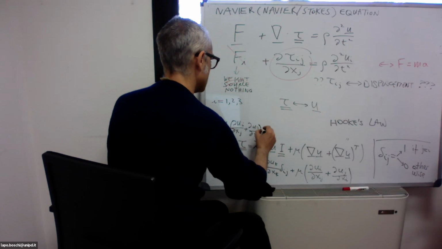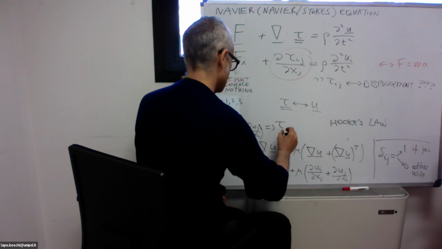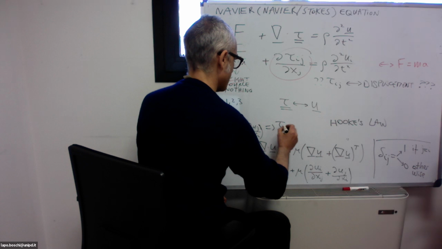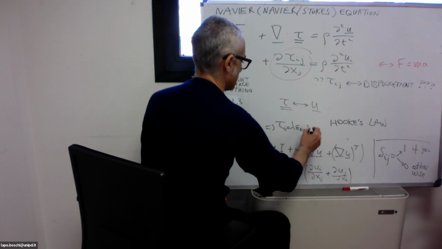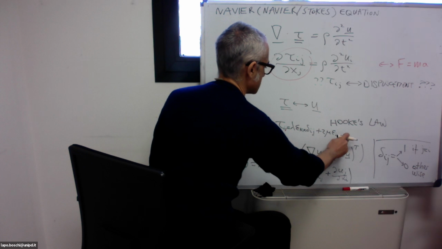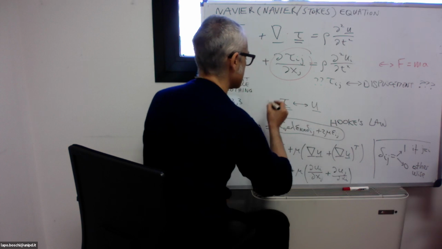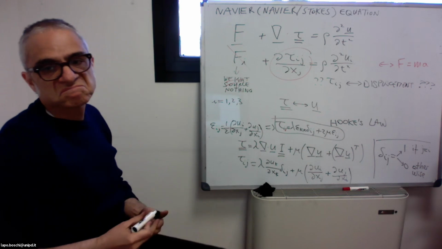If you introduce this tensor, the same thing reads tau_ij equals lambda times the trace of epsilon times delta_ij plus 2 mu epsilon_ij. Some people like to write it that way. Why not?